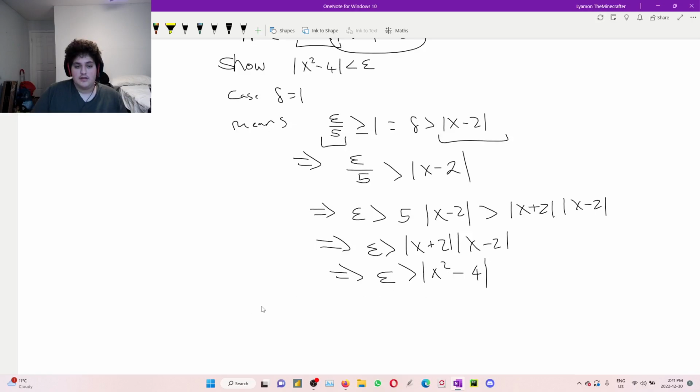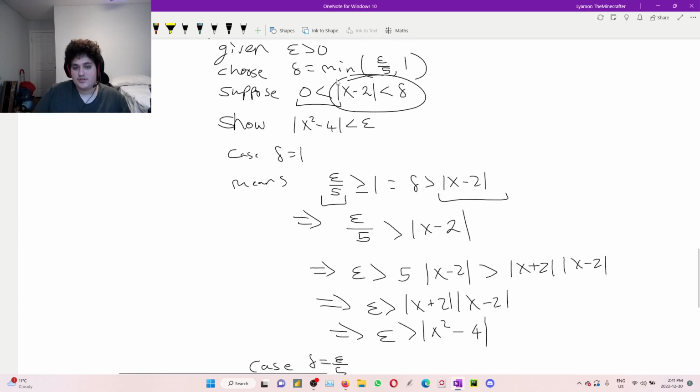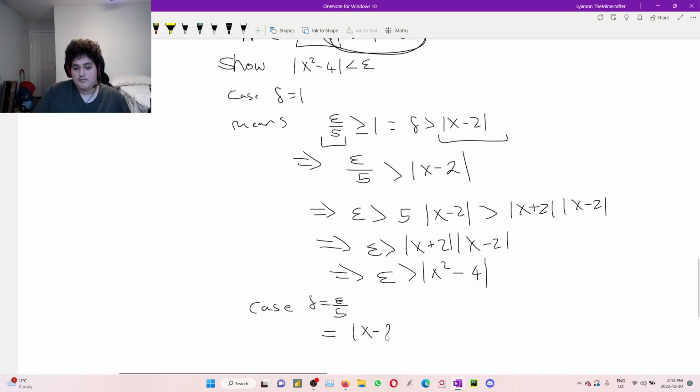And if we have the case where delta equals epsilon over 5, that means we know by our supposition that x minus 2 is less than delta, epsilon over 5. And then that's exactly what we have here.